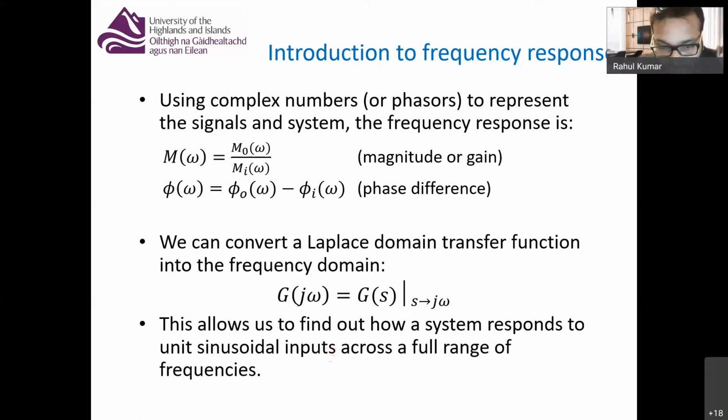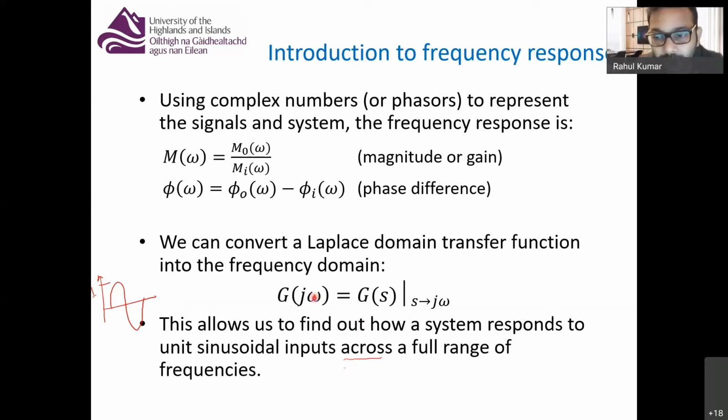So you have a sine wave, but its amplitude is unity, 1. Unit input across a range of frequencies. If you follow this method, you can find the response of your system at a range of frequencies, because you have omega here.